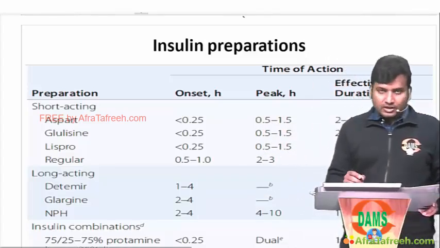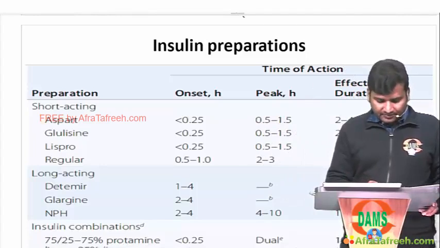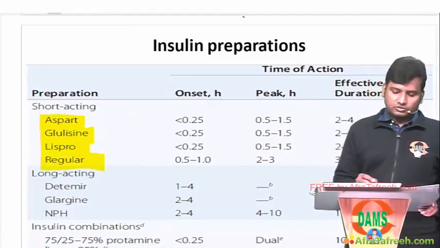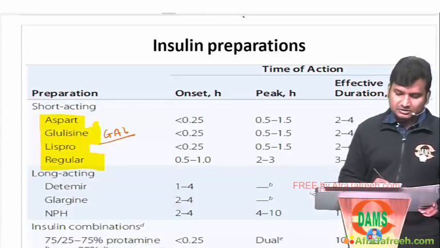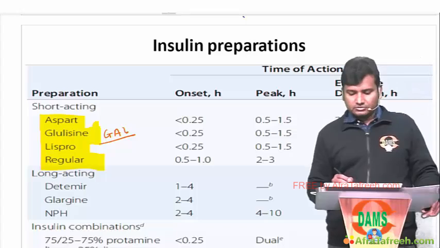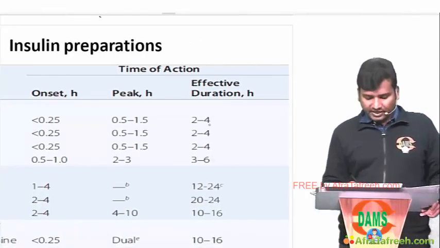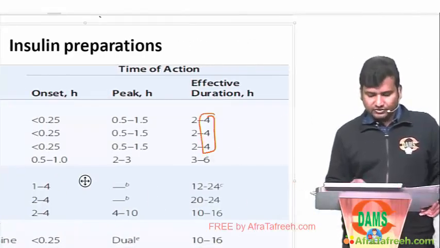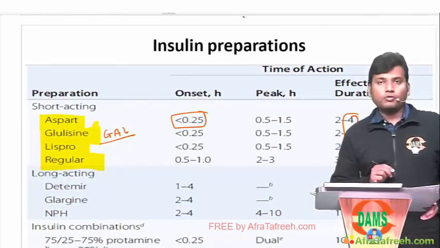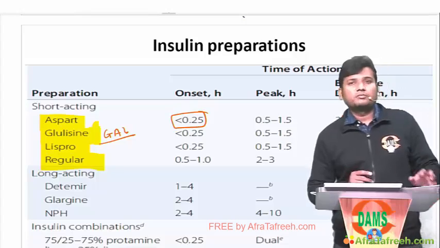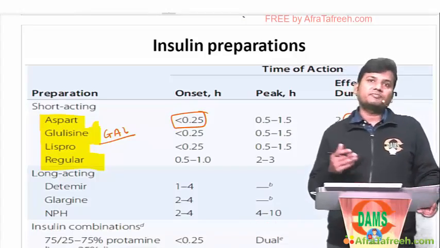Short acting insulin for our exam are aspart, glulisine, lispro, and regular. So remember GAL, GAL: glulisine, aspart, lispro. They are short acting insulins, and the duration of action of the first three is 4 hours, and action starts in less than 0.25 hour. 0.25 hour means 15 minutes.